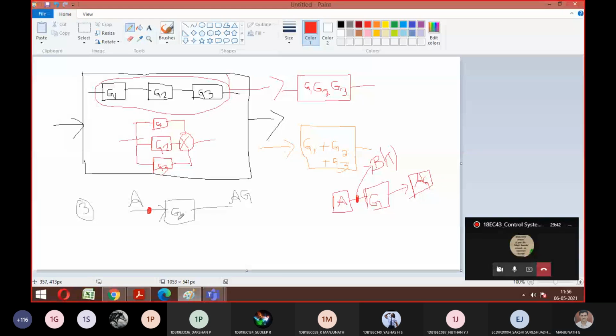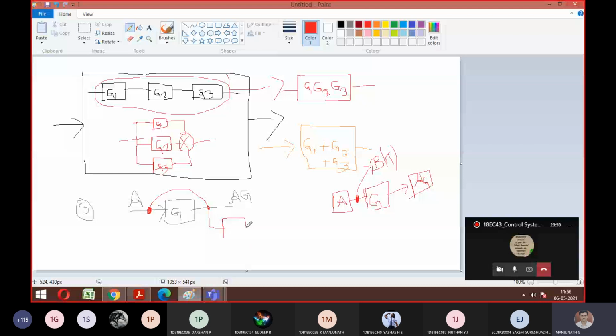I hope the things are clear to everyone now. So for that purpose, I am moving this point further. If I move this point further, then there should not be any alteration to my original circuit. For that purpose, I am multiplying a new block of 1 by G. So if you do this multiplication of 1 by G, whatever A is given, the same will come out here.